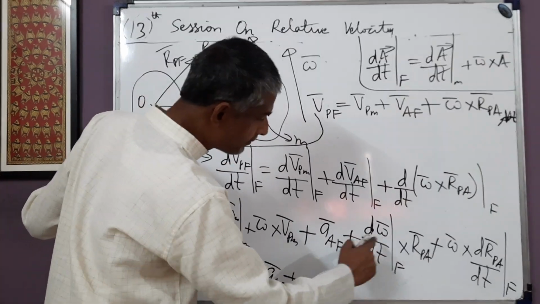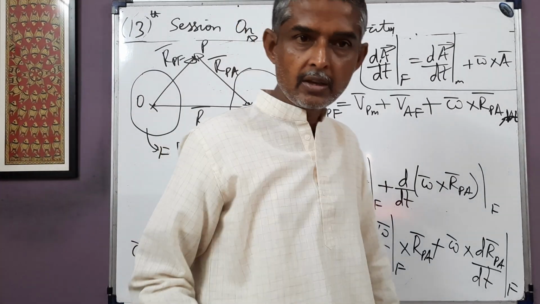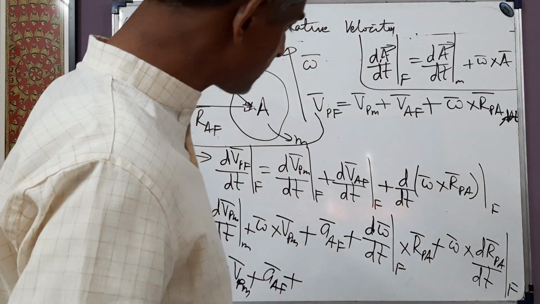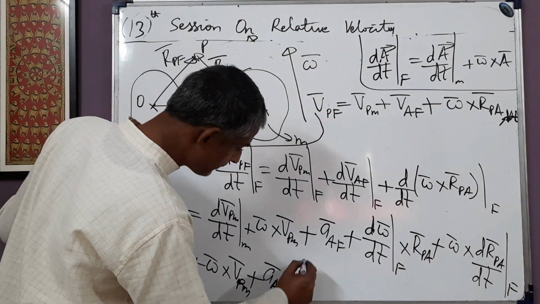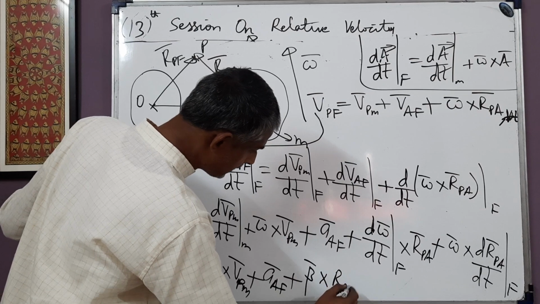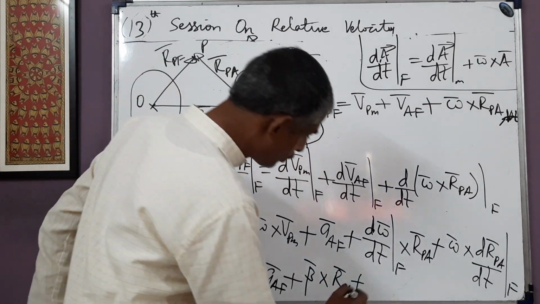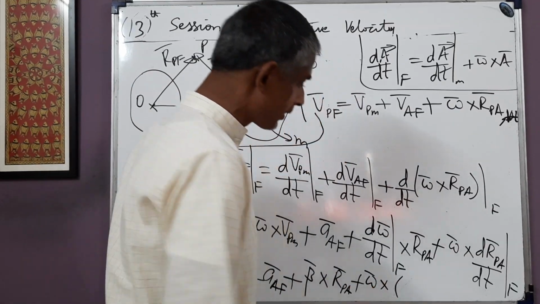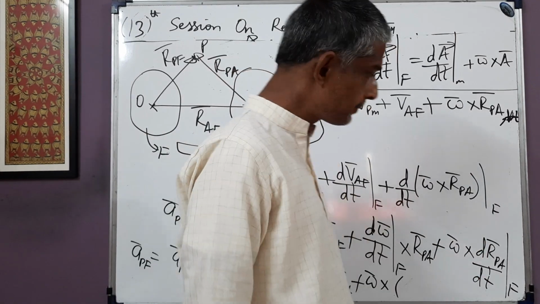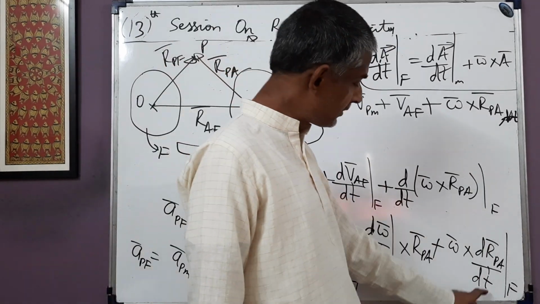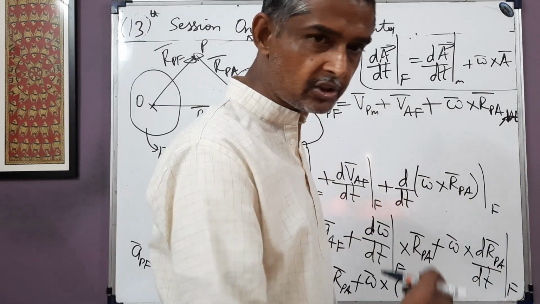This is equal to beta. d omega by dt in frame F is nothing but the angular acceleration of M with respect to F. So beta cross RPA plus omega cross dRPA by dt in frame F. Now dRPA by dt in frame F we'll write in the same way as we did in case of velocity.